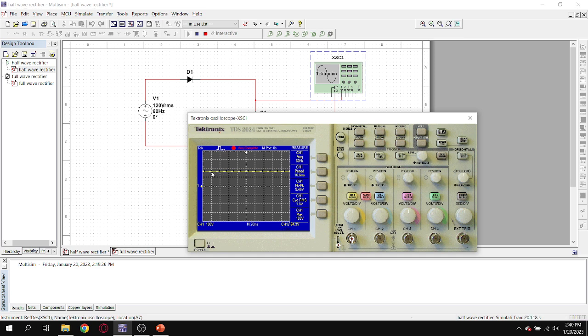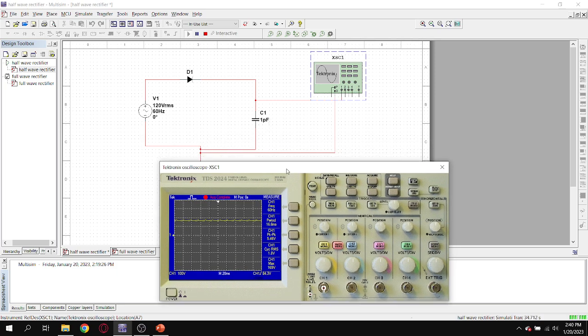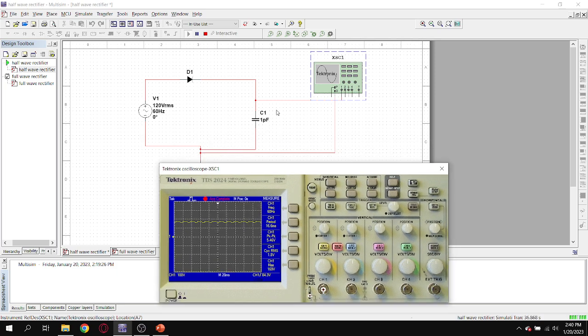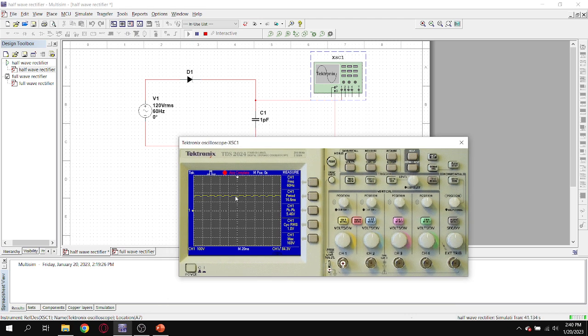It almost looks like a straight line here, but actually the voltage in this capacitor peaks but drops slowly, and it peaks again, drops slowly. So basically the value of the capacitor will heavily influence this voltage drop. If we use a bigger capacitor, we're going to see much less of a voltage drop here.